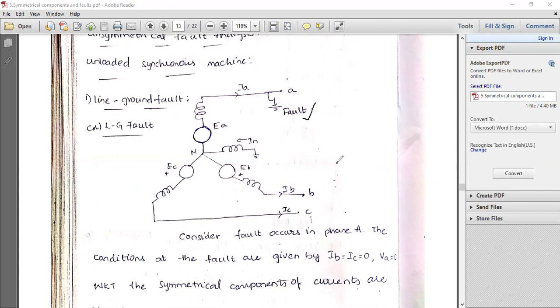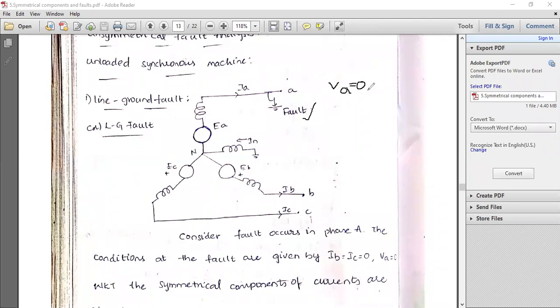Okay. Now whenever we have chosen that phase, first of all, we have to write down some fault conditions. So what are the fault conditions that exist? Whenever a line to ground fault is in phase A, obviously the voltage in that phase A is equal to 0. Why?